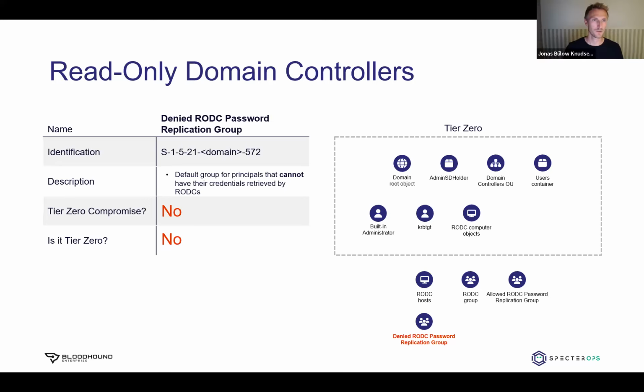And I guess it also requires that you have admin access to the read-only domain controller hosts as well, so you can compromise the host and from there actually retrieve the credentials. So yeah, you need all these things, and you need the object to be misconfigured in some way, if you will.